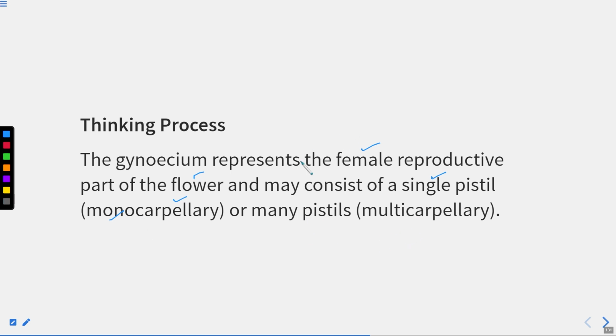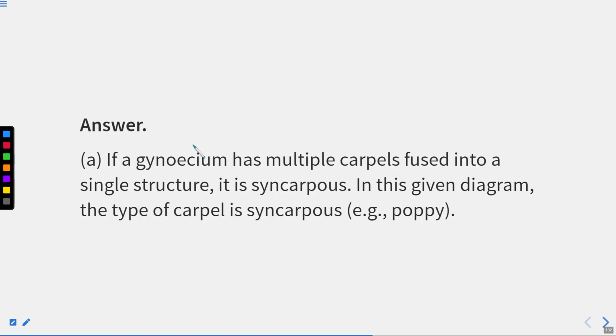Or the gynoecium may be a combination of many pistils. When more than one pistil is present, it is known as multicarpellary. Multi means many. So many carpels can comprise a gynoecium.